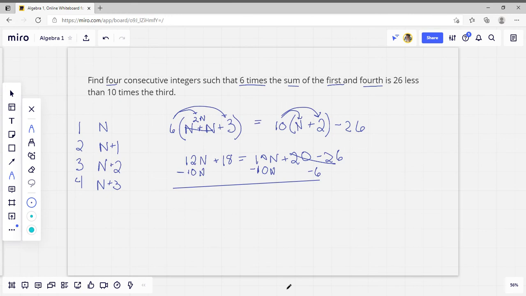Okay, so that would leave 2n plus 18 equals, those canceled, negative 6.